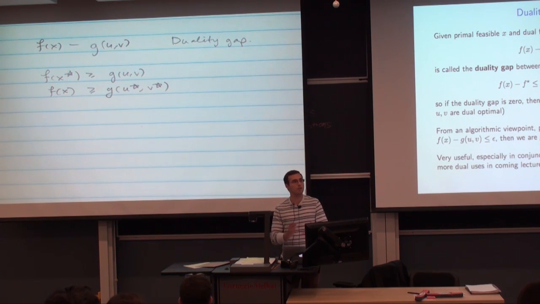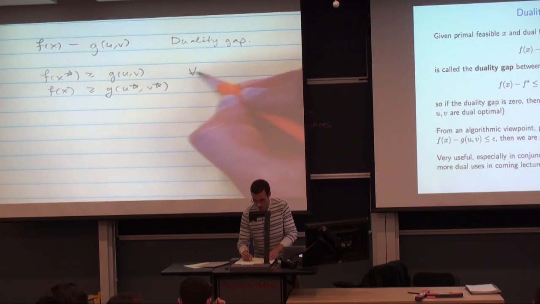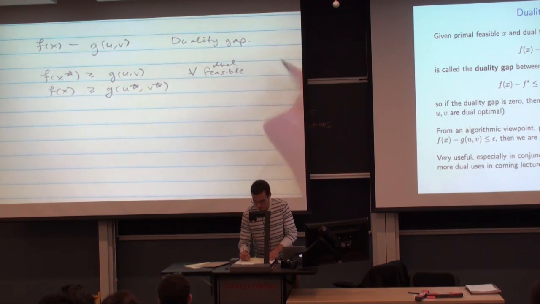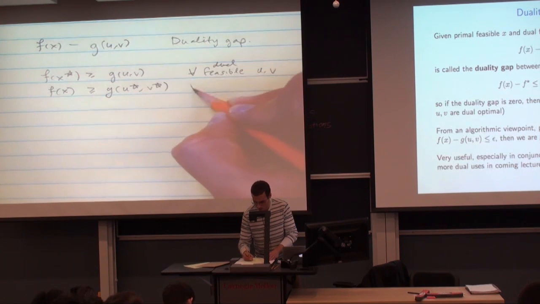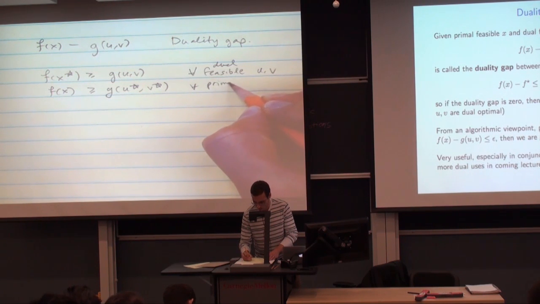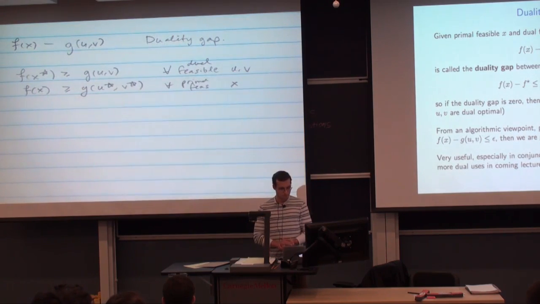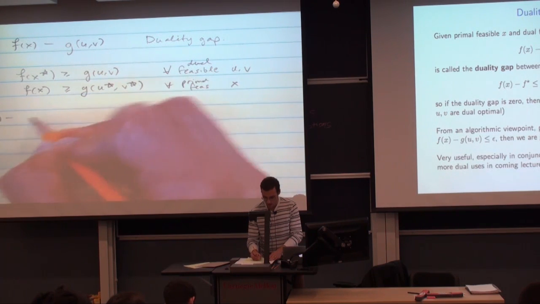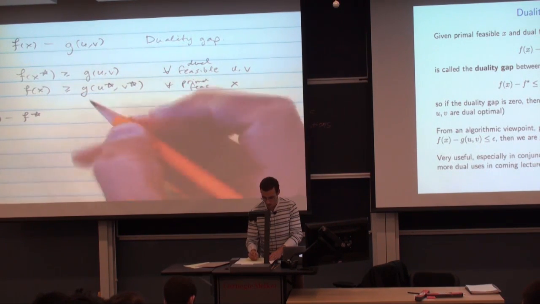So if we ever happen to make those equal, then we actually have primal solutions and dual solutions. So this is true for any dual feasible u, v and for any primal feasible x. Another way of writing this, which is maybe another helpful way to see it, is that by construction, we have that this is true.